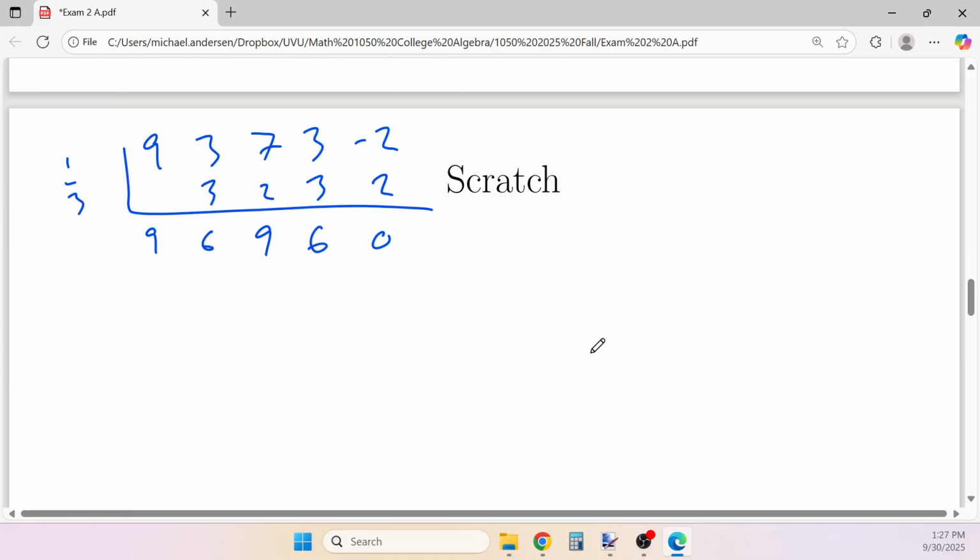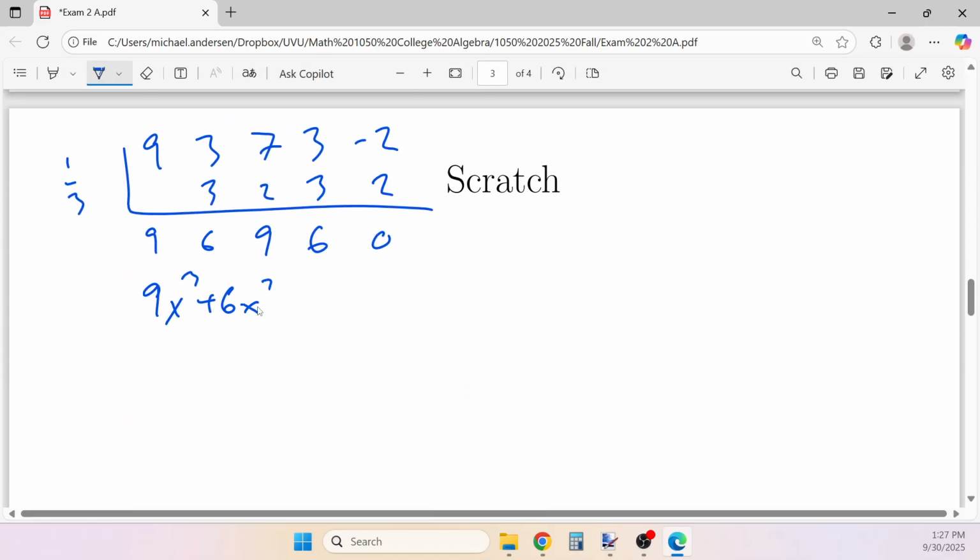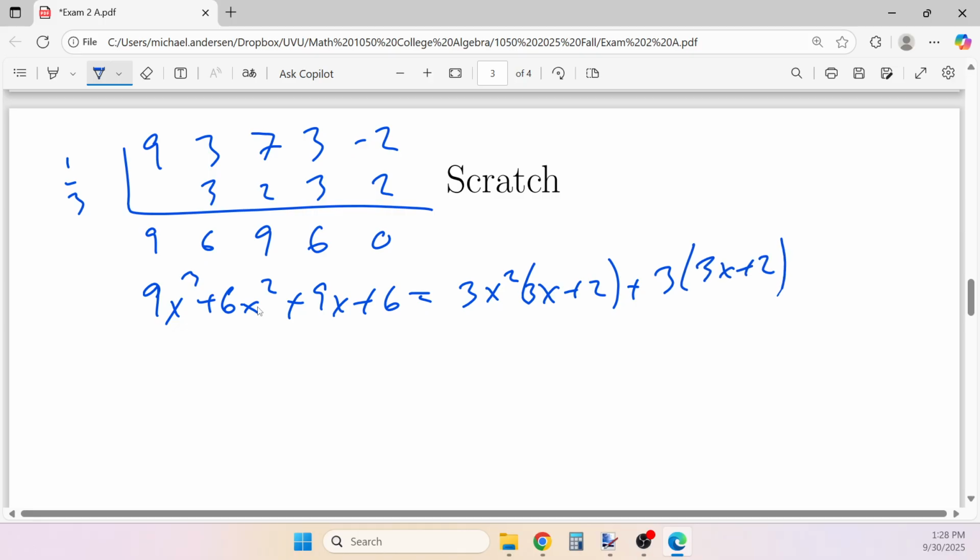But we now have a cubic, so 9x cubed plus something x squared plus 6, which we can factor as x plus 2, x squared plus 3 times 2.